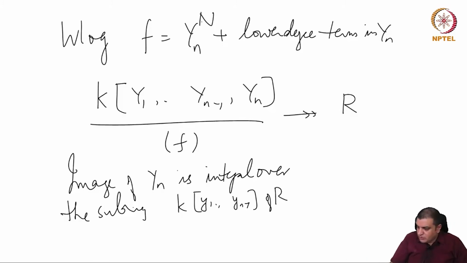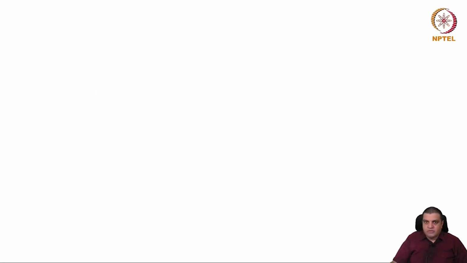So this is the proof of the general version of the Noether normalization lemma.